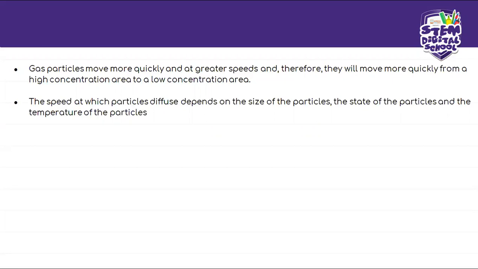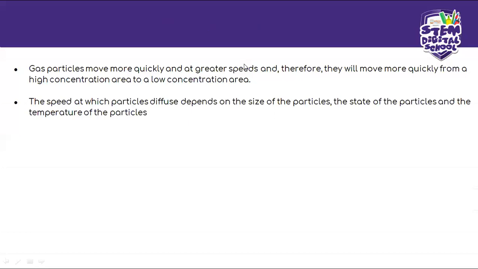But when the temperature of the particles is low, it means they have less kinetic energy. And in terms of rate of diffusion, the lesser the average kinetic energy of the particles, the less the motion or the movement or diffusion of the particles. I hope you understand that concept.